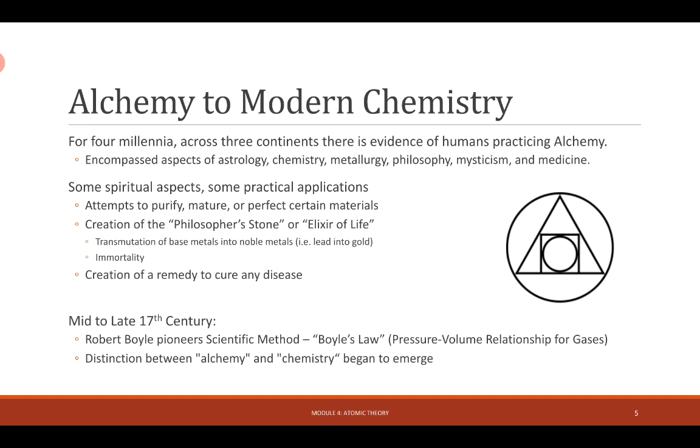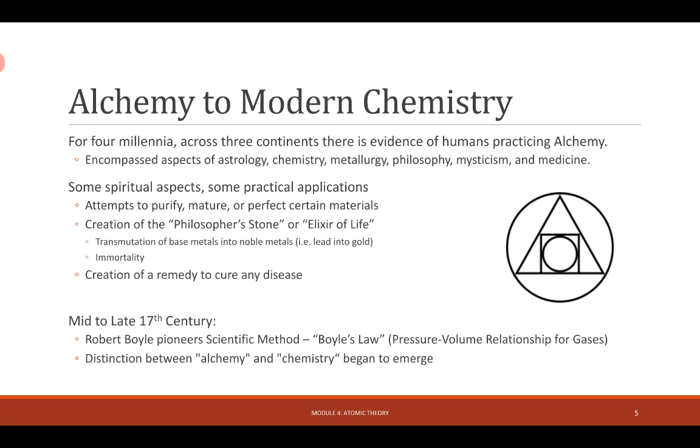Also, for a very, very long time, millennia, 4 millennia, across 3 continents, there's evidence of humans practicing alchemy. Now, it's known as alchemy now. It wasn't necessarily known as alchemy back then on all these different continents, but the principles are the same.